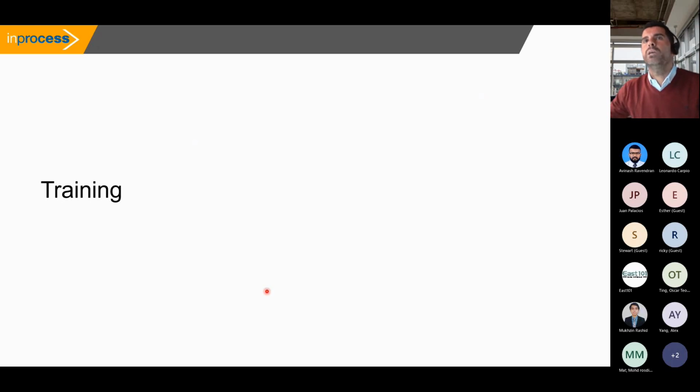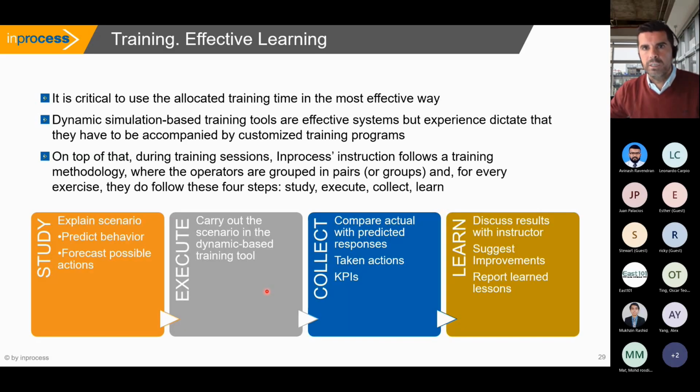Do you have, as a company, a plan about how to train your operators? Inprocess can also support companies in providing a training strategy and training materials in addition to exploiting that OTS.